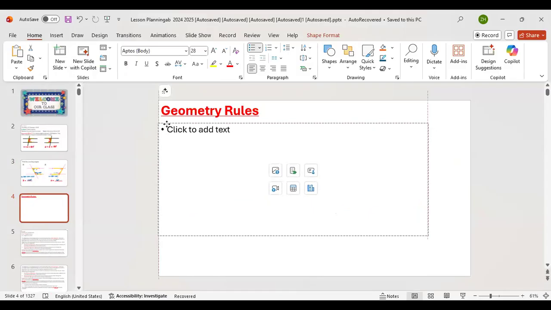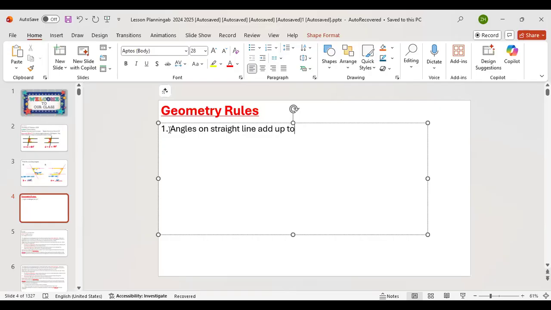So the first one that we did was that angles on a straight line add up to what? 180 degrees. Very good. The second one, I don't know which one comes first, so y'all have to tell me.